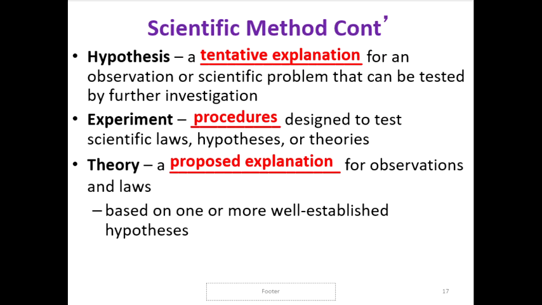Experiment is the third step of any scientific method. We are going to test the hypothesis. And finally, theory. This is a proposed model or explanation for our observation.